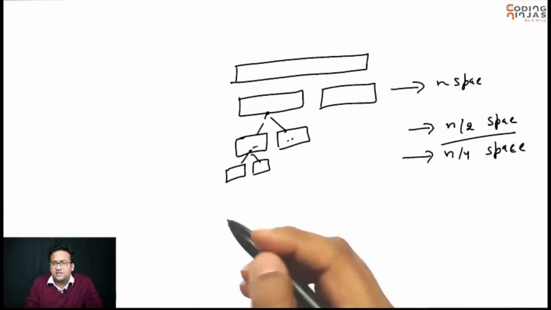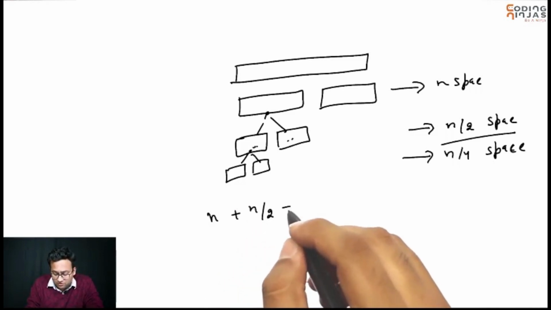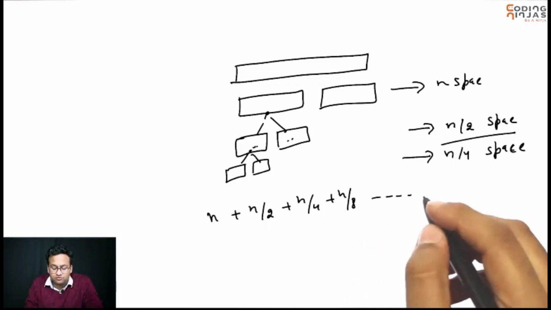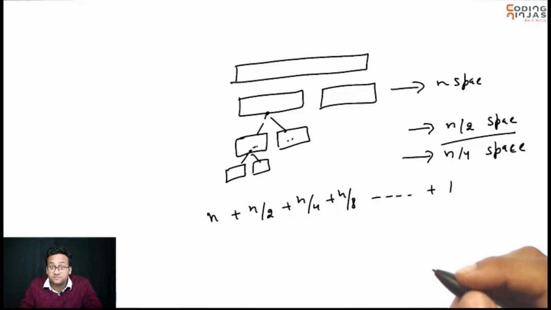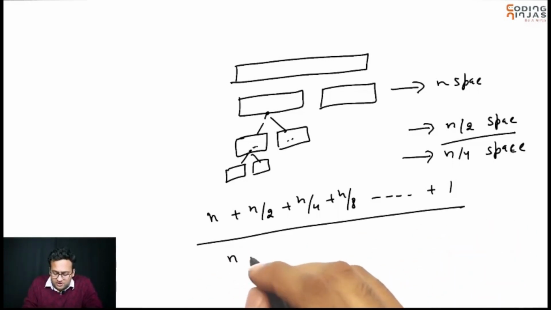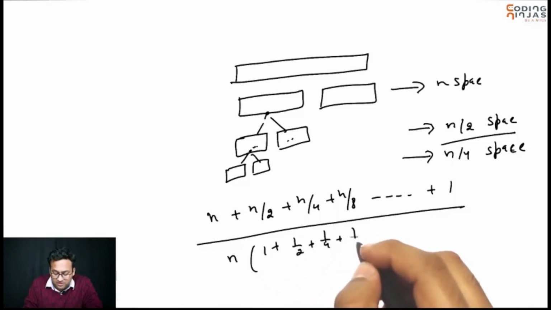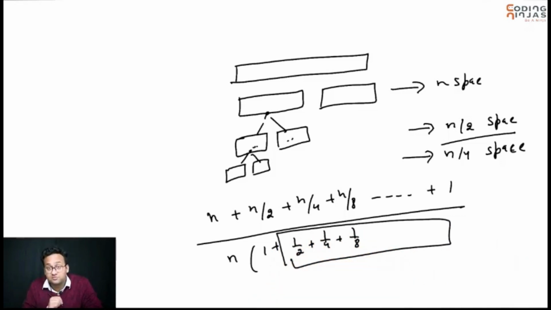As you can see, the pattern tells you that the total space requirement is n plus n/2 plus n/4 plus n/8 up to, let's say, 1 or 2, whatever the last number is. This is equal to n times 1 plus 1/2 plus 1/4 plus 1/8. This part cannot be more than 1. This part is always less than or equal to 1.